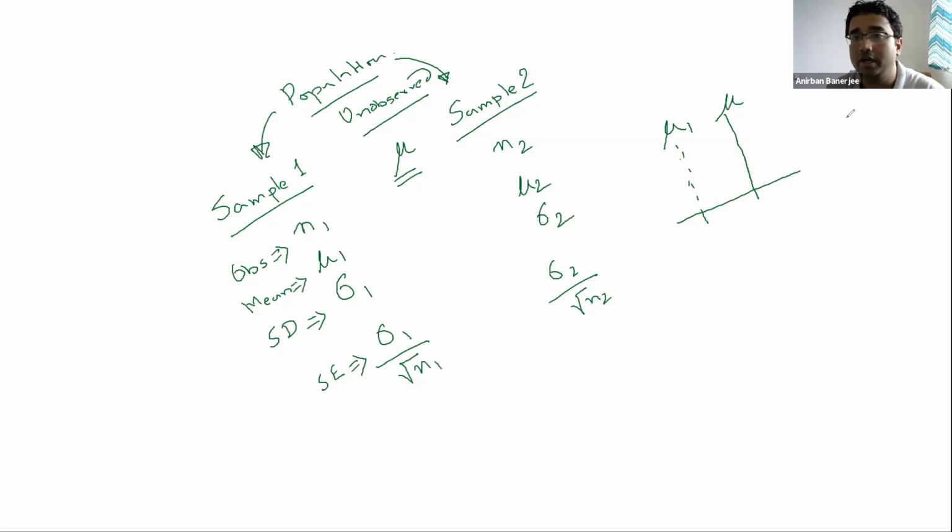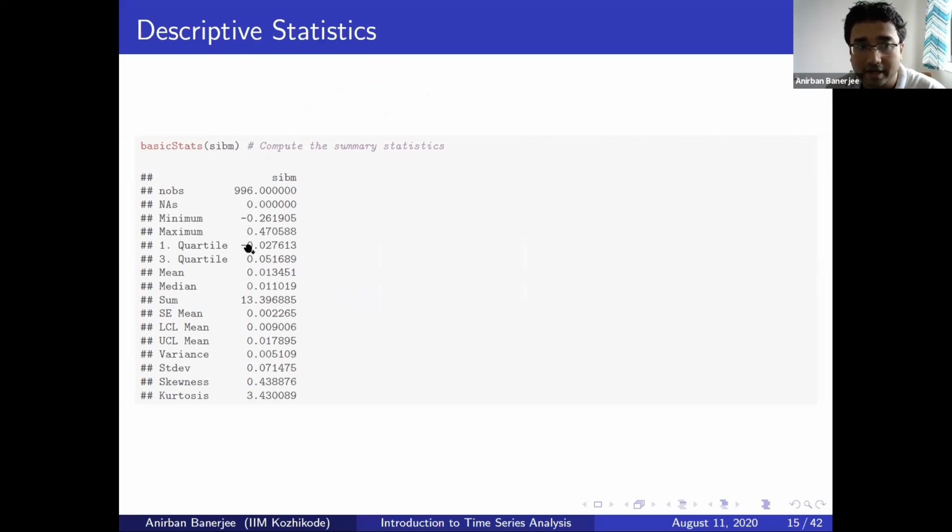We'll see shortly how that's going to be useful. So standard error, your definition is correct. It is the sample standard deviation divided by the square root of the number of observations for that particular sample.